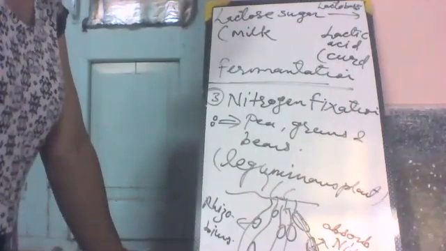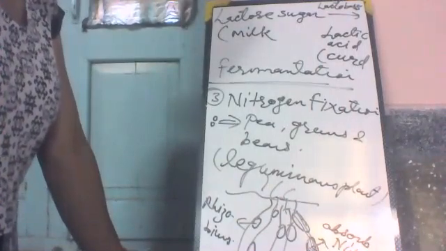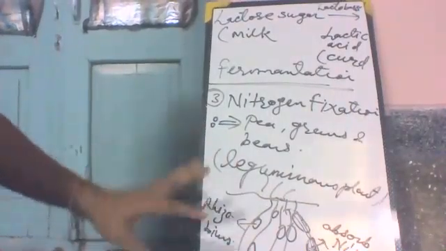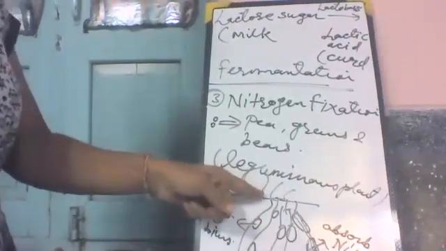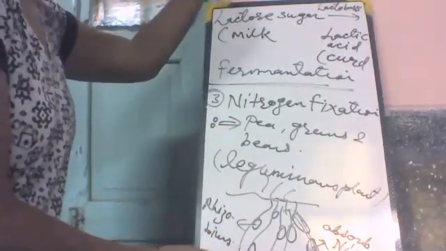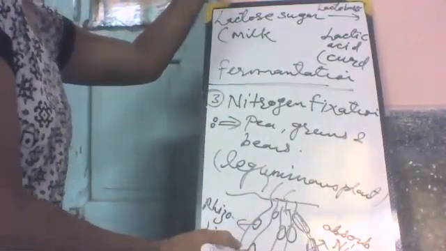They provide nitrates to the plant, and the plant provides shelter to the bacteria. Both are beneficial for each other.